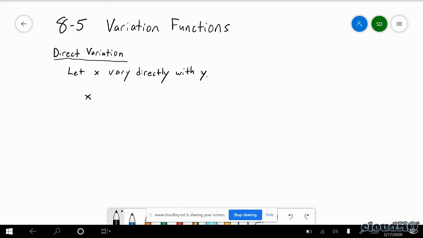We could say that X is equal to some sort of constant times Y. I'm going to call that constant K. We will regularly, in this section, use K to represent that constant. It's actually called the constant of variation. So if they vary directly, X equals K times Y.